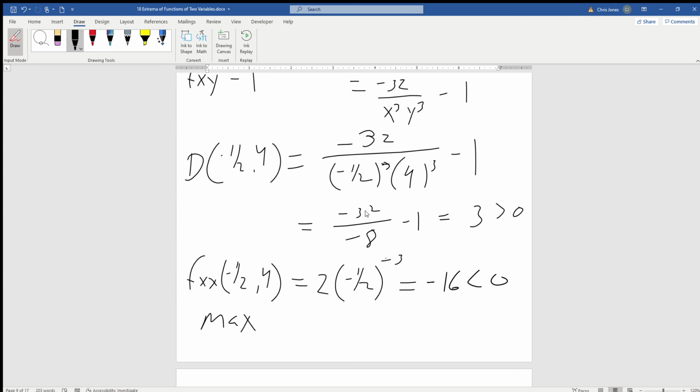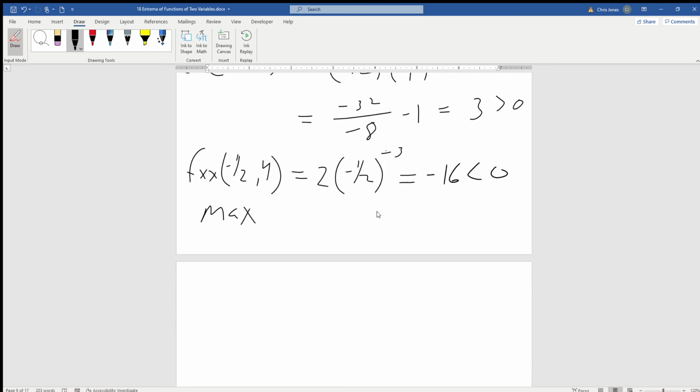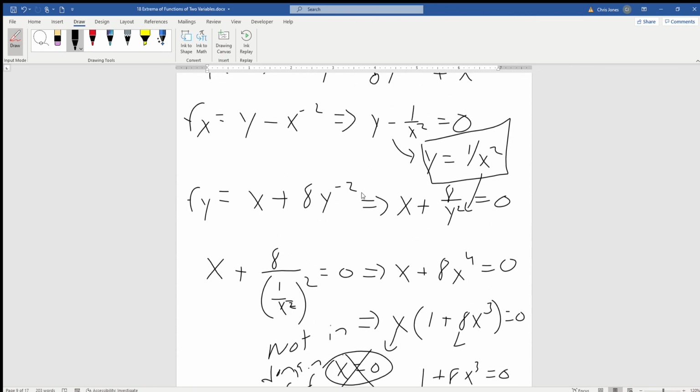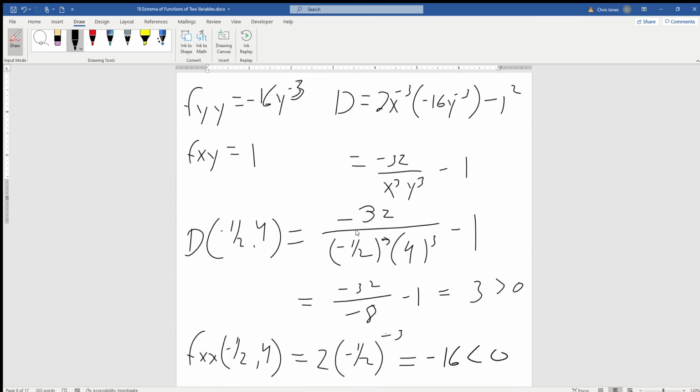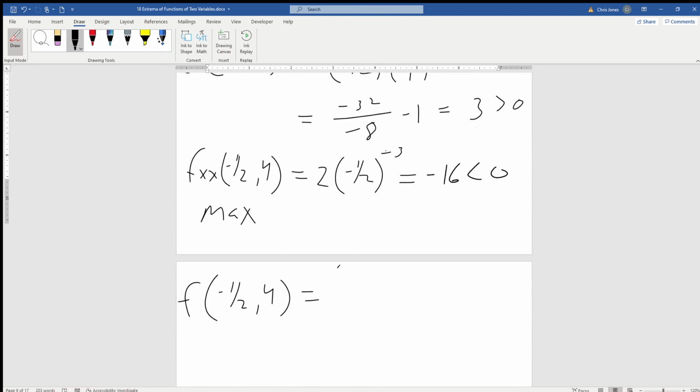And finally, let's just substitute the original value back into the original function. So f at (minus 1/2, 4) is going to be equal to, I forgot what the original function was so long ago, x squared y squared. So that's going to be negative 1/2 squared, 4 squared.